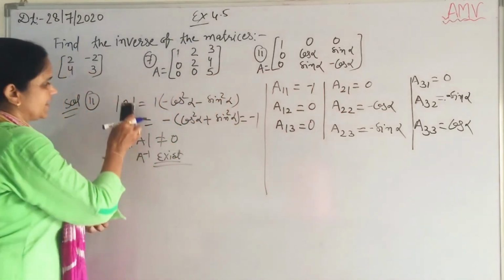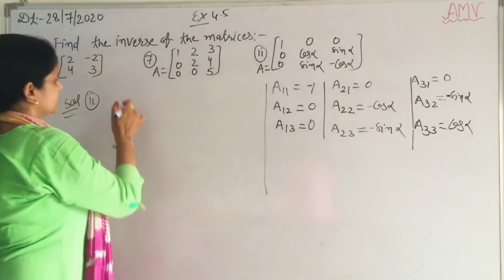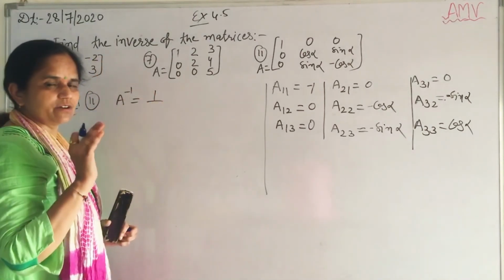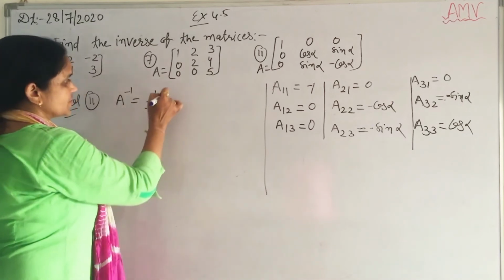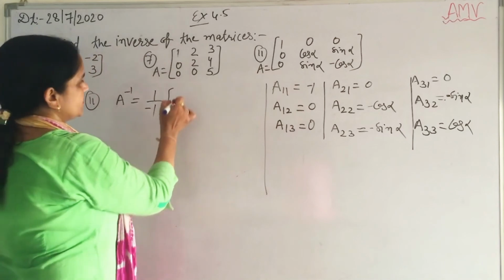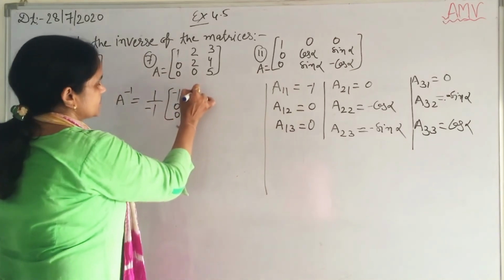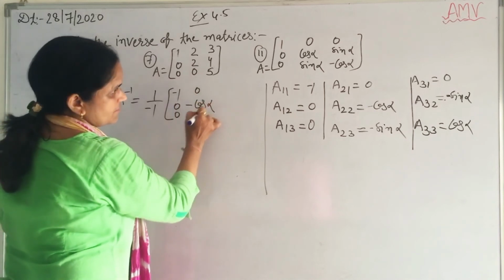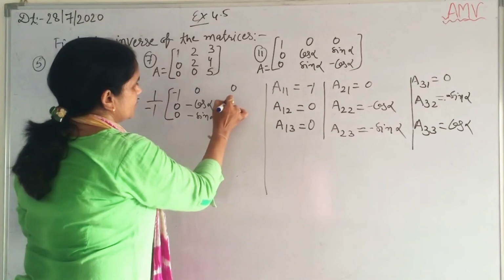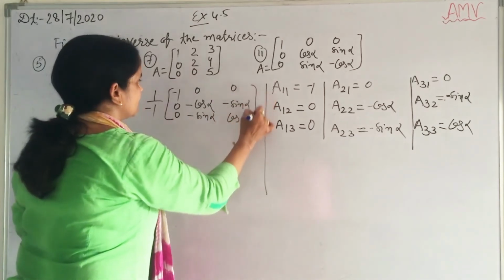And now find the inverse. So A inverse is equal to 1 by, here value of the determinant is minus 1, students, and write the adjoint. Adjoint is -1, 0, 0. Here 0, minus cos alpha, minus sin alpha, and 0, minus sin alpha, and here it is cos alpha.